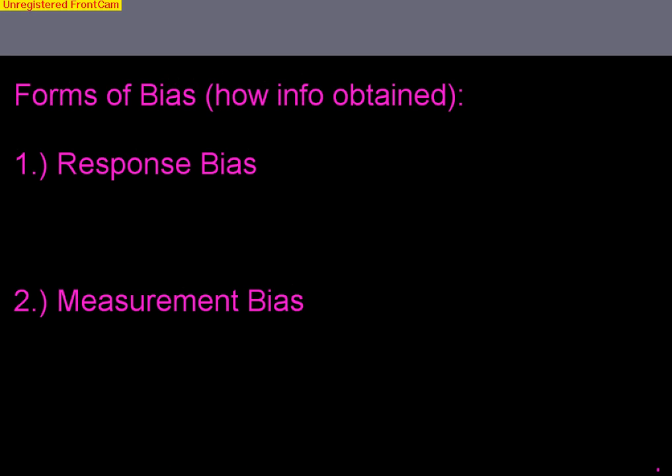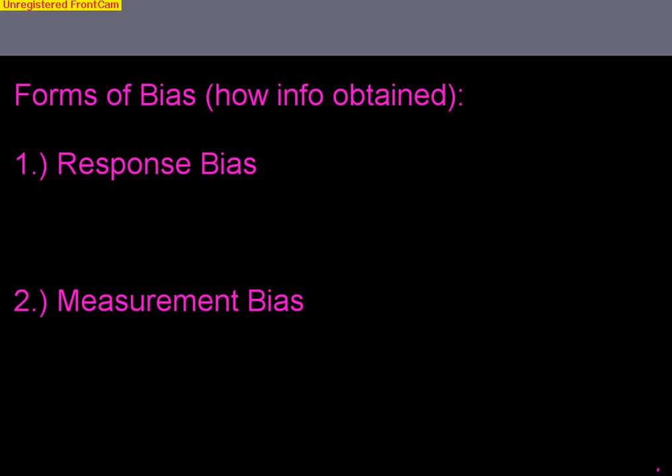Okay, now here are the other two types of bias. These biases are formed when maybe you do have a good sample. Maybe you do call 100 people and you get everybody to participate. No volunteers, truly random sample. These forms of bias come from how you get the information from the people.